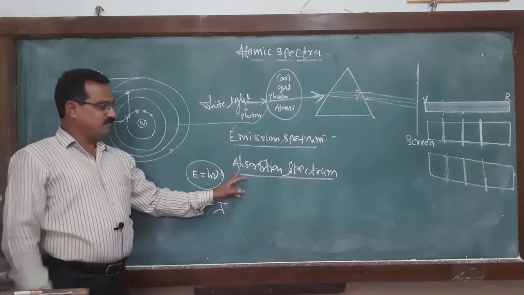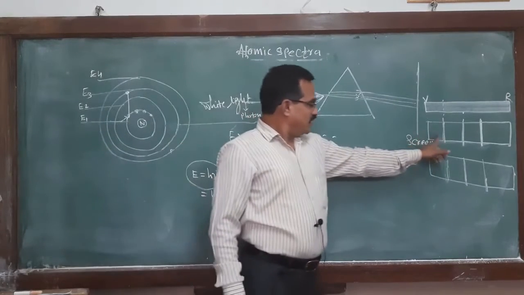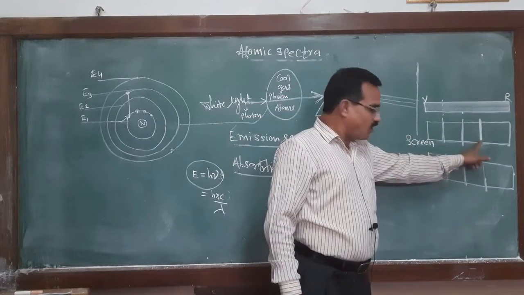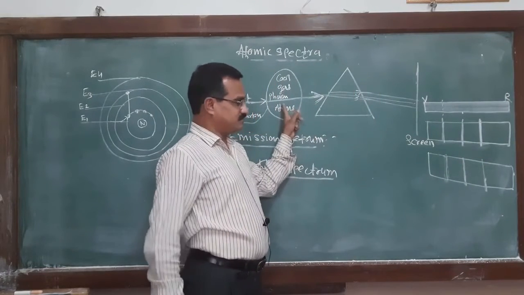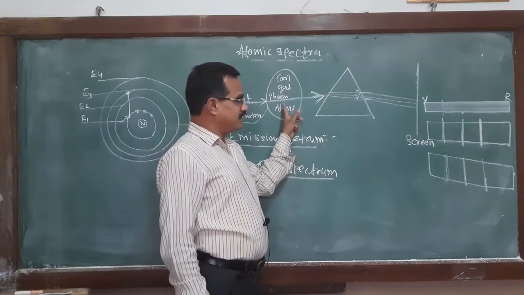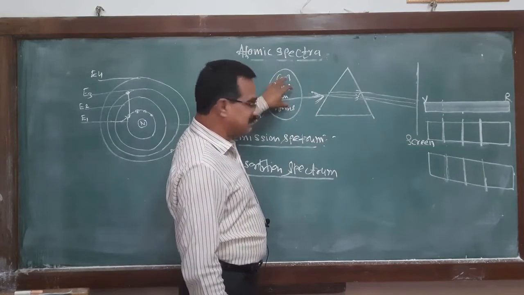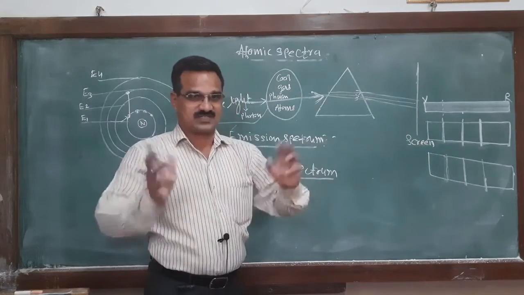It means that the colored lines are observed when the gas is in hot condition; in this condition the gas emits photons.